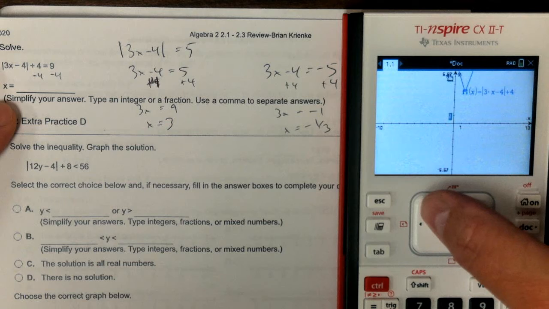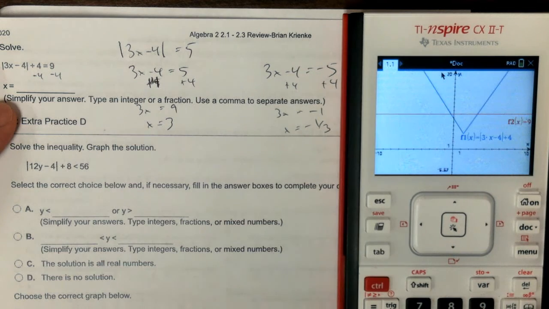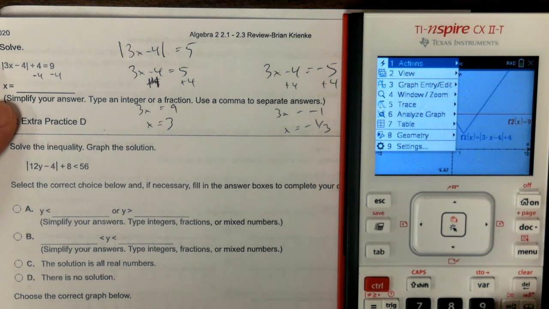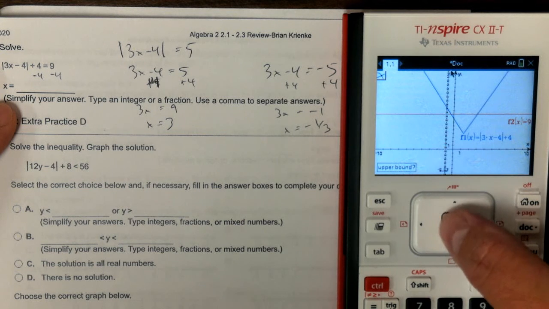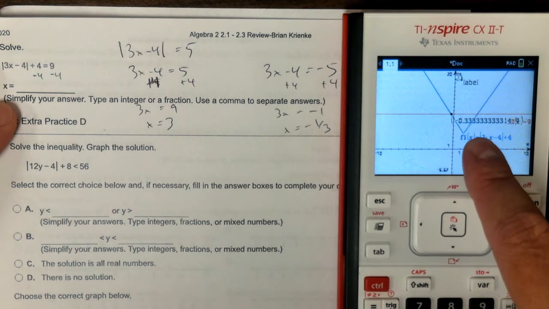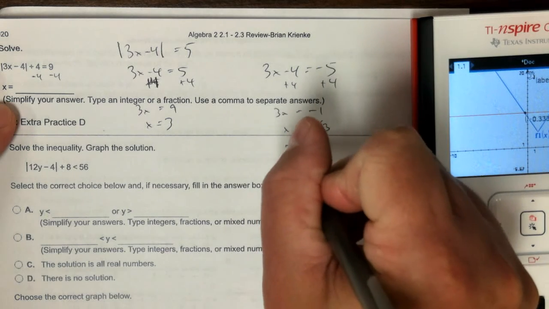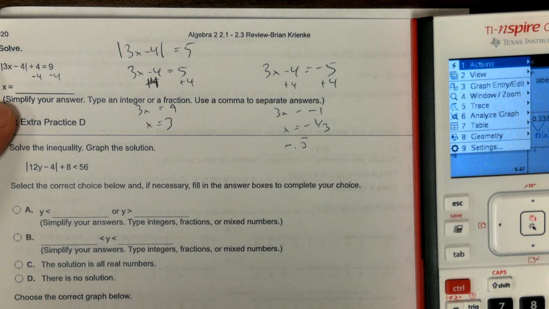We double click this, which would be your Y max if you're setting it by hand in the window. And there's 2 solutions. Menu, analyze, intersect between here and here. -0.3 repeat, which is 1/3, and then the other one is 3.